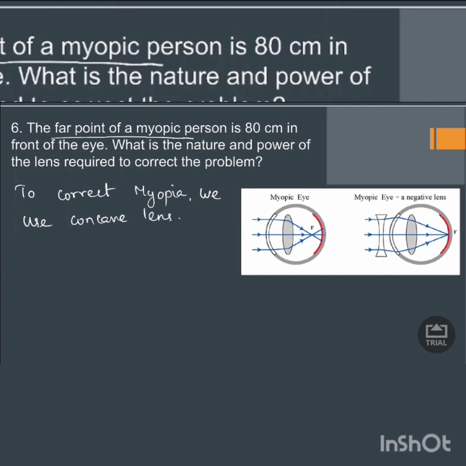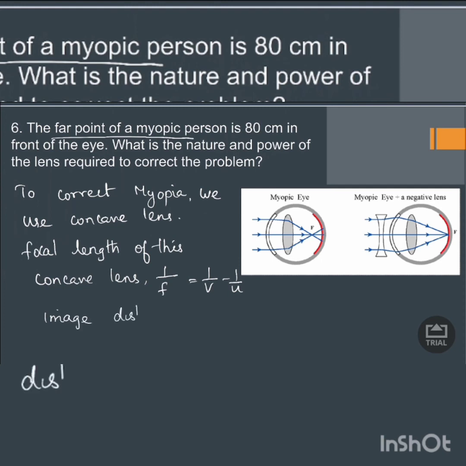So how to calculate the focal length of this concave lens? The focal length will be calculated using the lens formula 1 by f is equal to 1 by v minus 1 by u. Now here, what is the image distance? The image distance v of a myopic person will be taken as his far point.